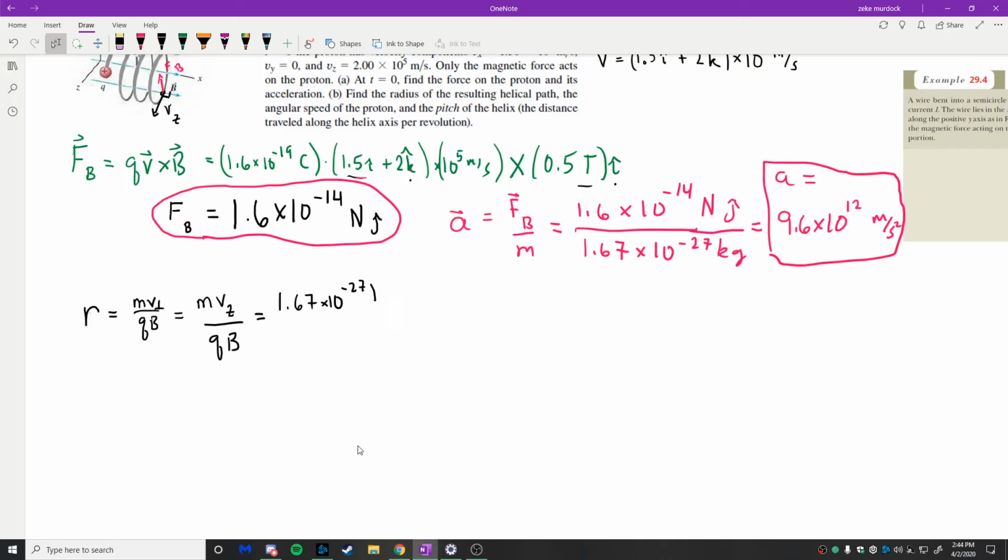Rapidly running out of time here. So that multiplied by Vz, and Vz was this 2 times 10 to the 5. And we divide that by charge, magnetic field. And we just calculate that.